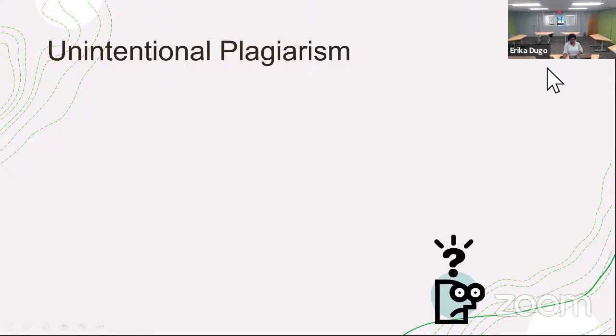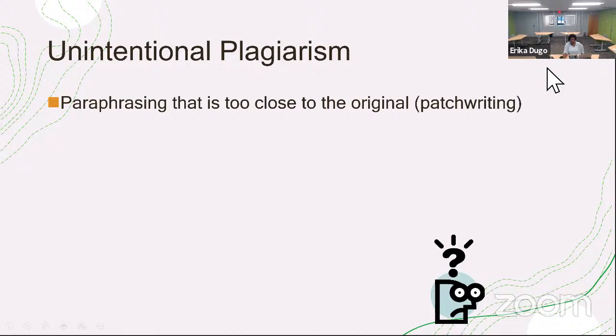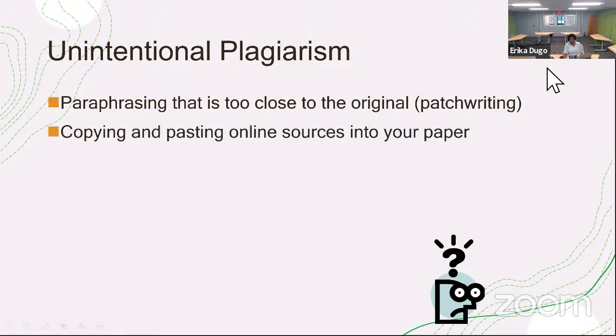Unintentional plagiarism could be paraphrasing that's too close to the original source, which they call patchwriting, or copying or pasting online sources into your paper and forgetting to name the source. Okay, so those are the deliberate and unintentional types of plagiarism.